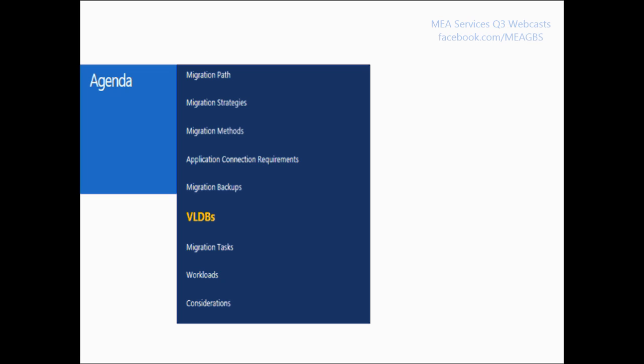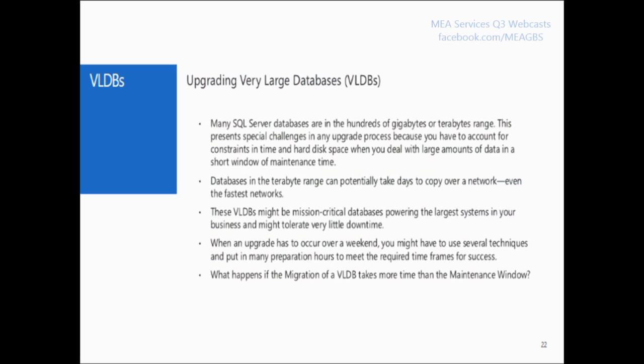We will also have to look at VLDBs. VLDBs stand for very large databases. What we usually consider very large databases are databases of hundreds of gigs. If you have a database with hundreds of gigs or terabytes, you need to consider some aspects before going through your migration.